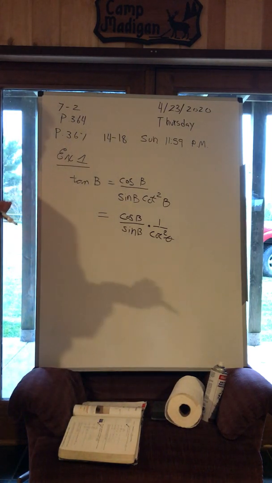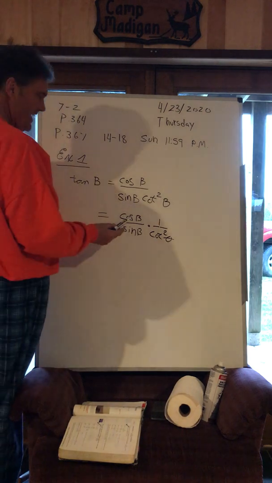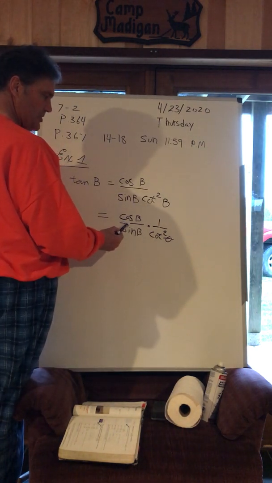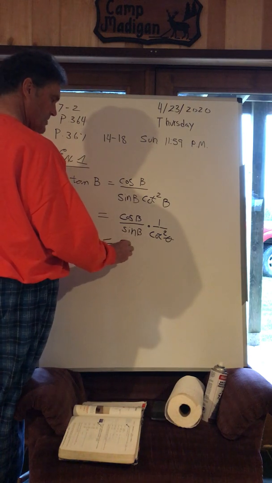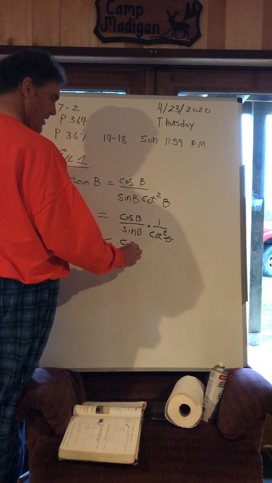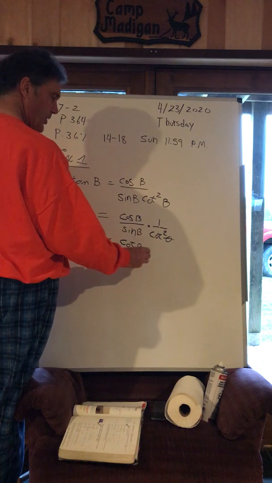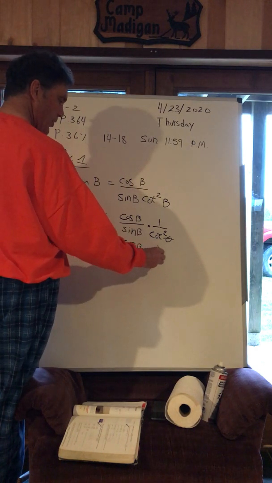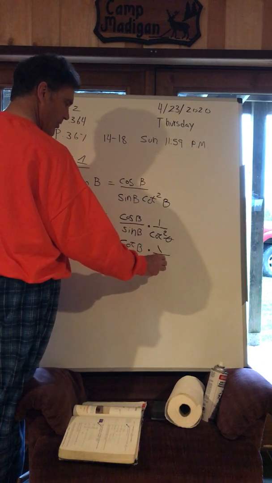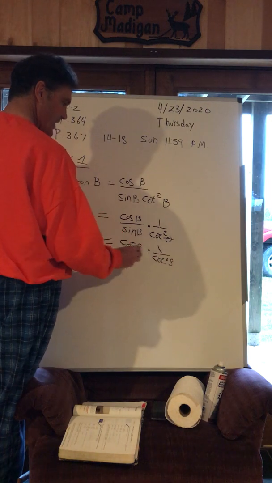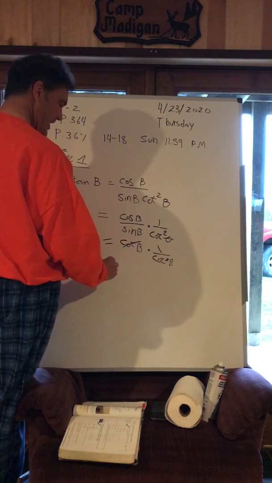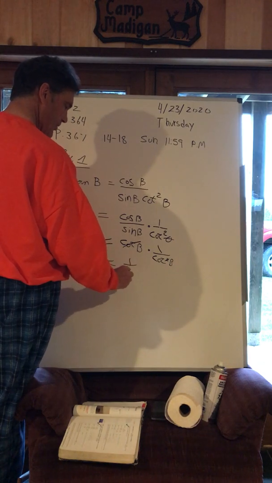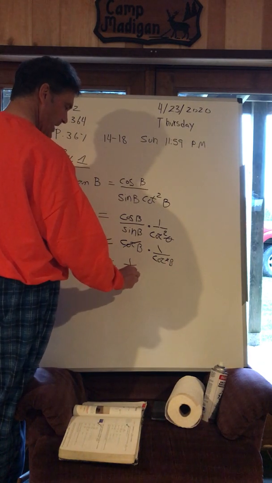Now, you're asking, why am I doing this? Well, I see how easy it is because I know the cosine over the sine is the cotangent of beta. And the cotangent of beta times 1 over the cotangent of beta, you can see how they cancel. And I got 1 over the cotangent of beta.